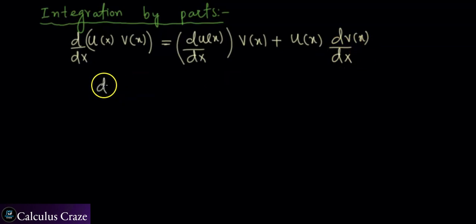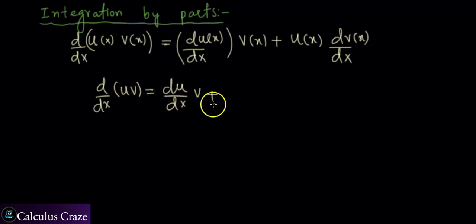Or simply I can write the derivative of uv is the same as derivative of u times v the same, plus u the same times derivative of v.